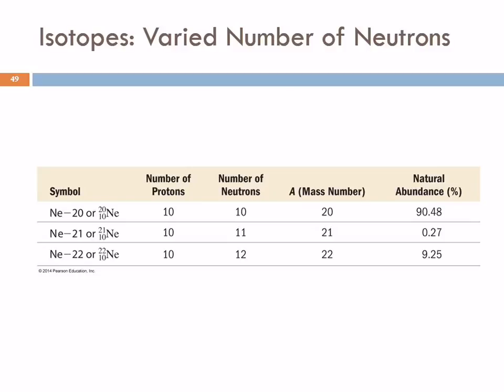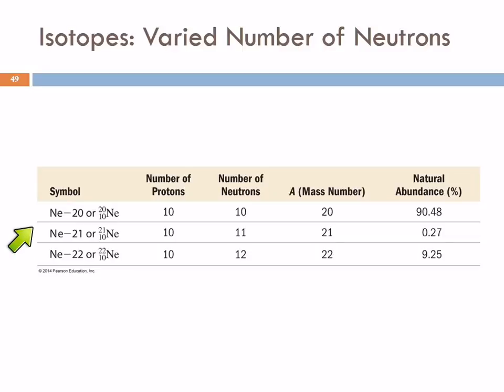It's still a Subaru Forester. But this one has the upgraded interior, and this one has a moonroof, and the other ones don't. But it's still a Forester. So all 3 of these are neon because they have the same number of protons, but they're not exactly the same. Does that help? Sort of.